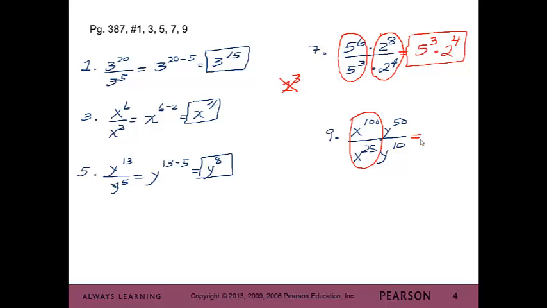Our base is x, so make sure you keep your x. And then 100 minus 25 is 75. And then the next base are our y's. So make sure you keep the y. And then 50 minus 10 is 40. So the answer is x to the 75th power times y to the 40th power.